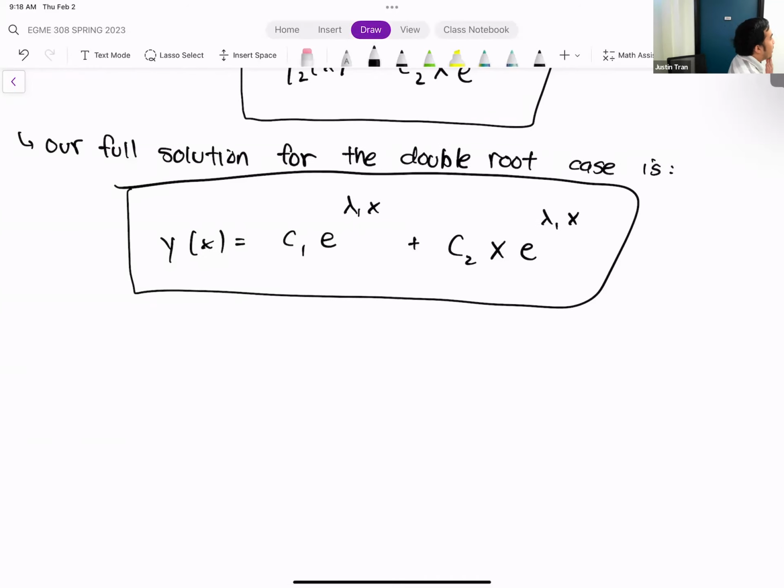So you just multiply by x. And that's it. All right, any questions on this before we do an example?